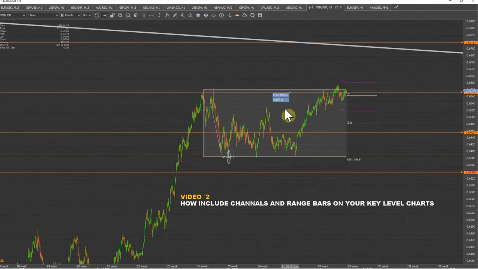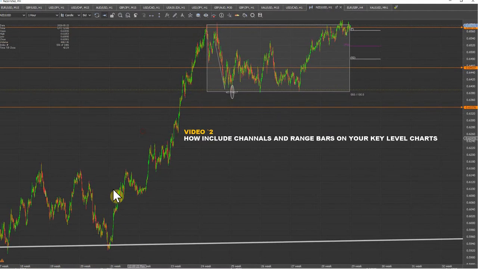68186. Okay, now what I want to do is help you to get entries on a daily basis. How do you join this trend? We have a nice trend from here going upwards, then accumulation sideways within this range, and then it looks to break out now to the upside.